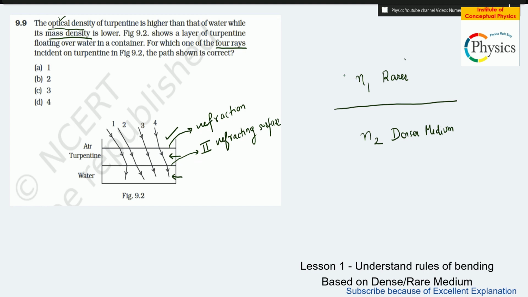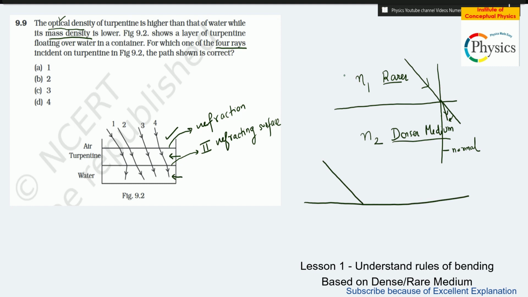So the ray of light comes and strikes. It is coming from the rarer to the denser medium. Draw a normal at the refracting surface. The light will bend towards the normal. It could have gone straight, but it turns towards the normal. This is your normal, and this is your refracted light. So the ray of light came like this. This is a rarer medium.